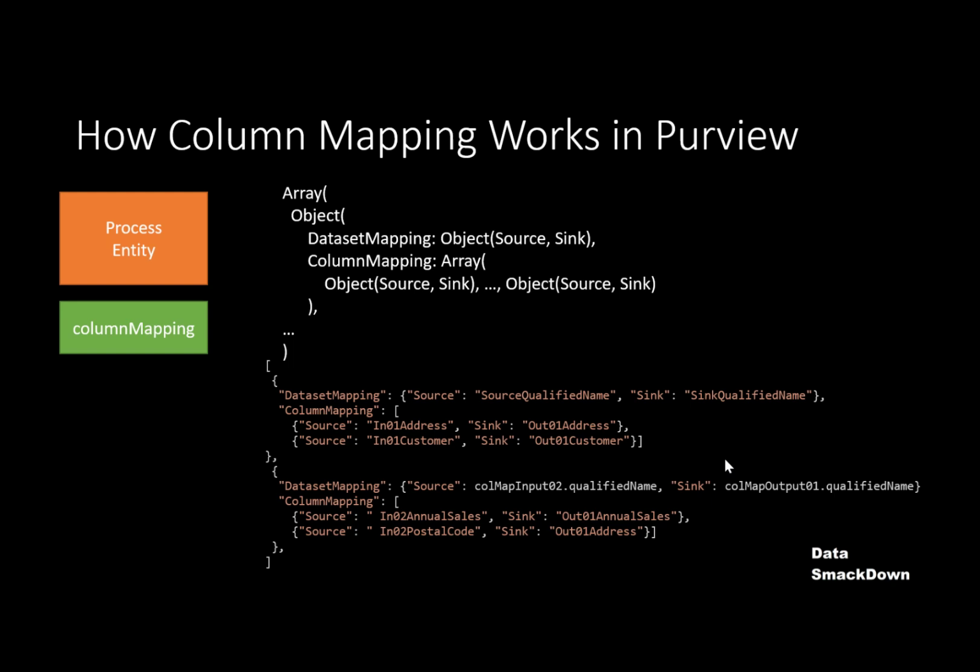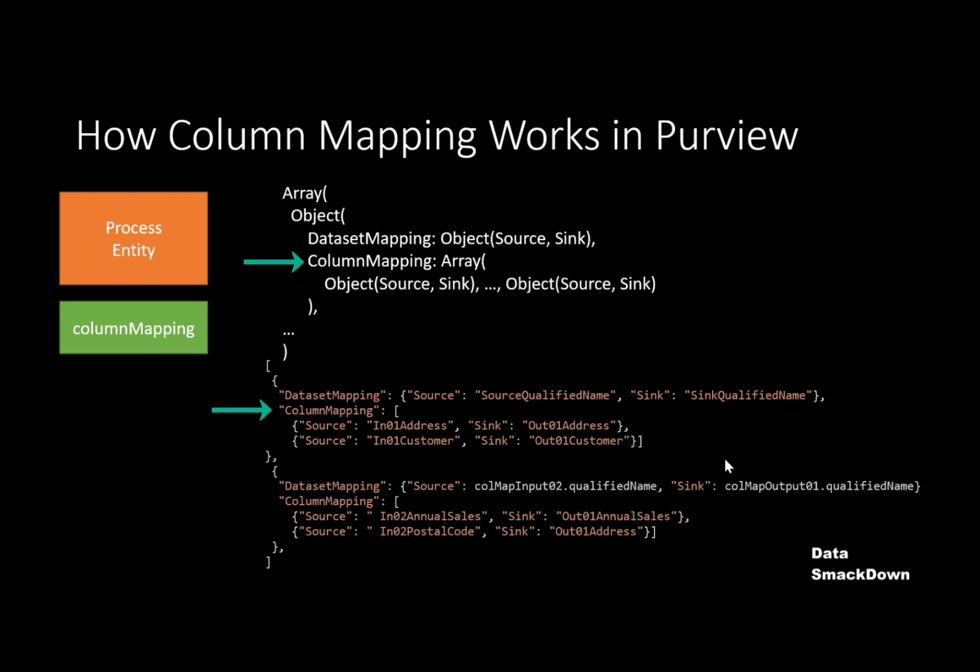And so a column mapping attribute is a string that is a stringified JSON object. And it is specifically an array which contains one or many JSON objects. And that object has a key of dataset mapping and another key of column mapping.